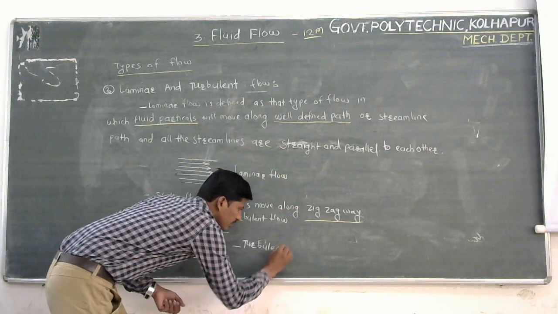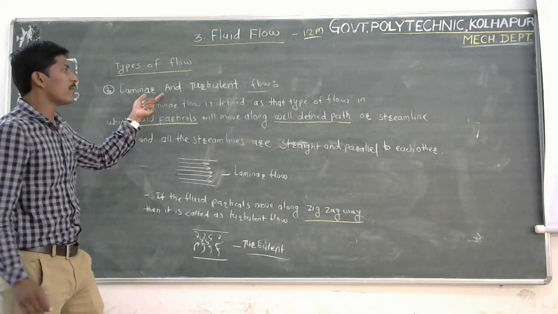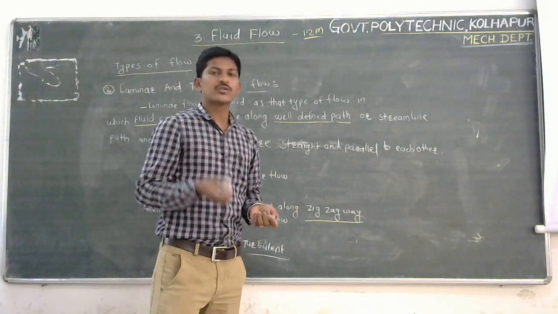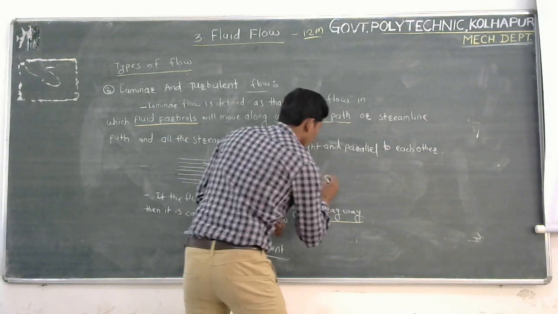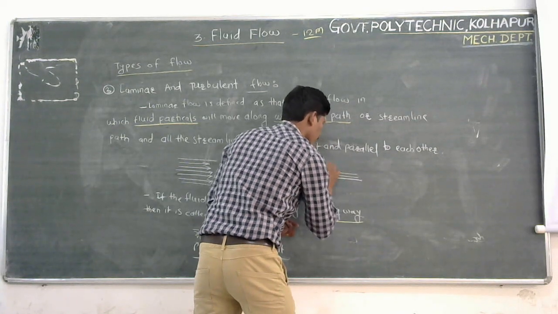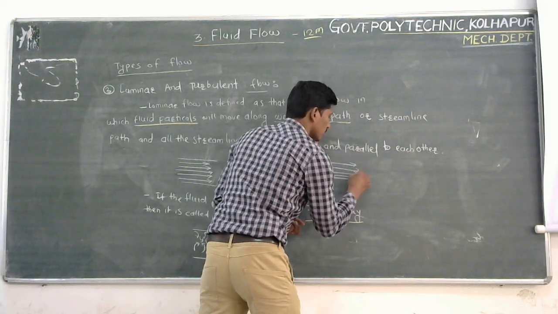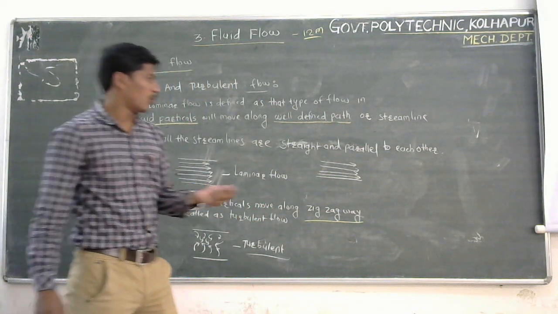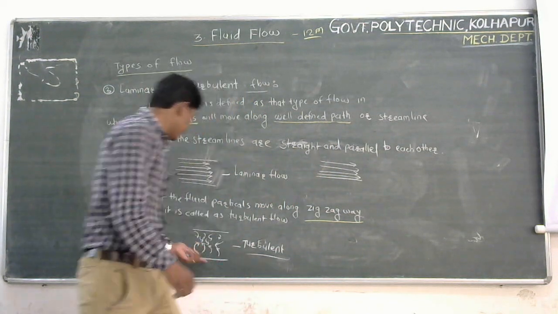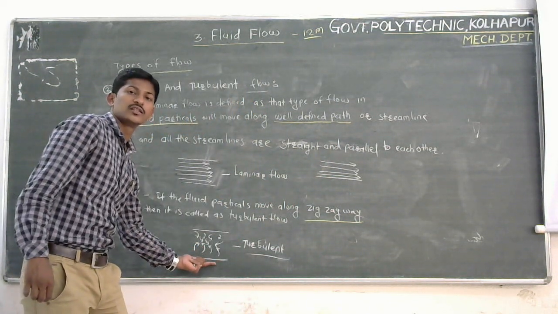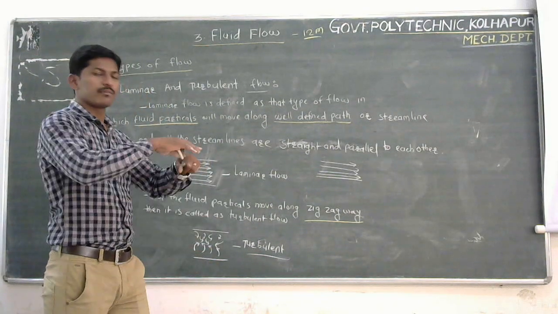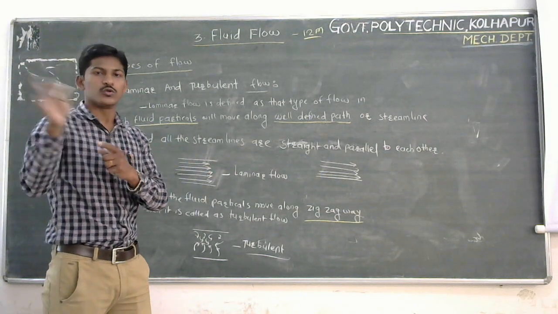For this, we can take an example: for laminar flow, if a high density or high viscosity fluid is flowing on a straight plate, then this will be an example of laminar flow. And turbulent flow is normally observed during flood situations in a river, where all the water particles are mixed with each other and flow.